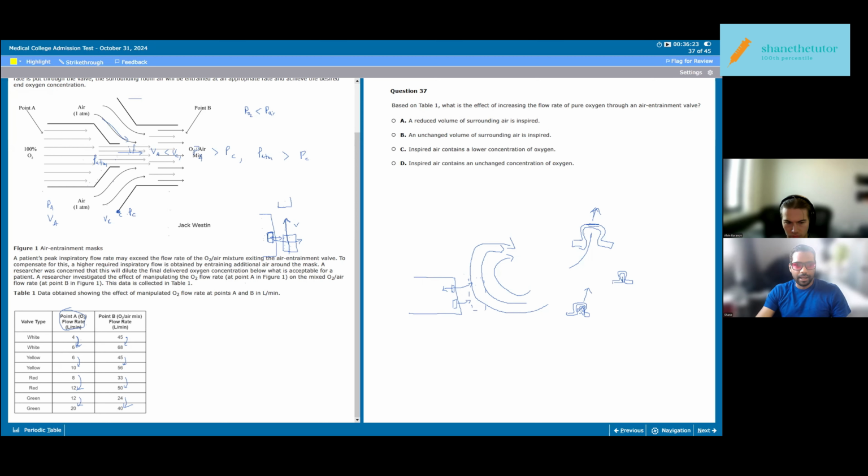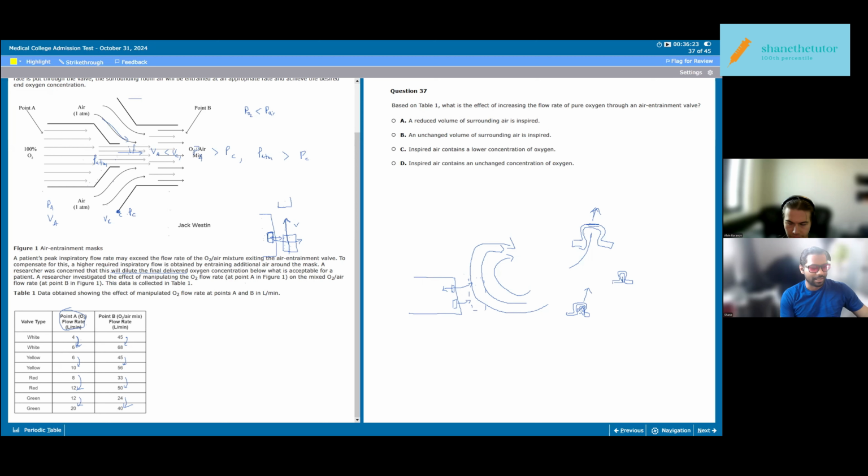It could be easy to think that because if we're mixing it with air, it would have, relatively speaking, a lower concentration of oxygen, but we are decreasing the pressure, and for gases, the partial pressure is proportional to the concentration. So I think the fact that he conducted this study to see if it would dilute the final oxygen concentration.